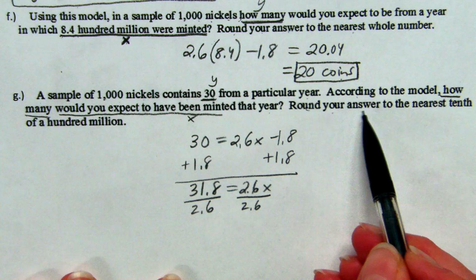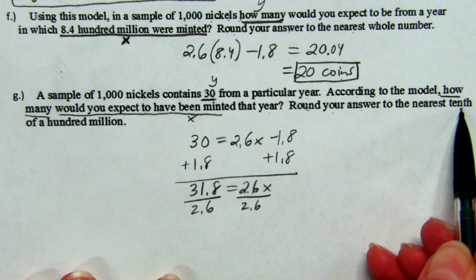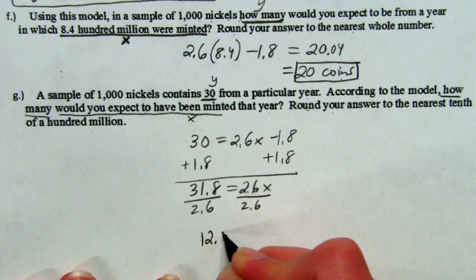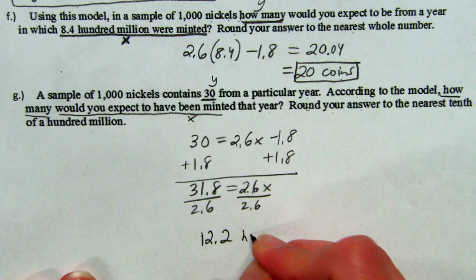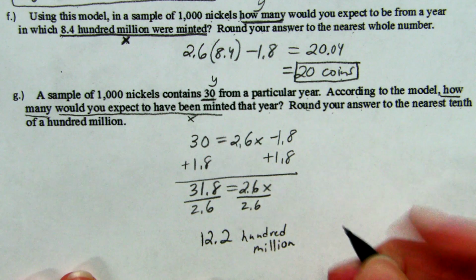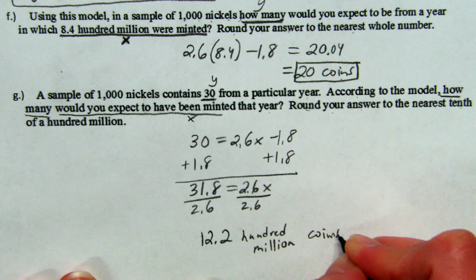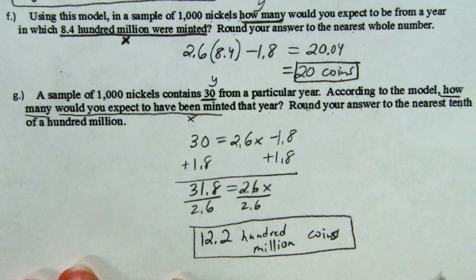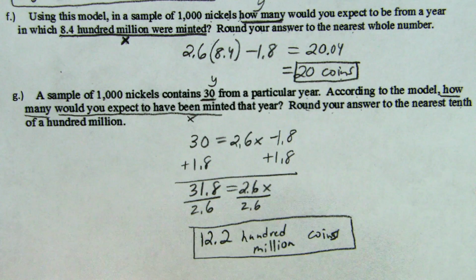It says round your answer to the nearest tenth of 100 million. So we're going to keep the first decimal point. That's a tenth. So 12.2. And we'll just write the words 100 million. And that's how many coins you would expect to have been minted in a year where Rob or whoever has 30 coins in their collection of 1,000 coins.